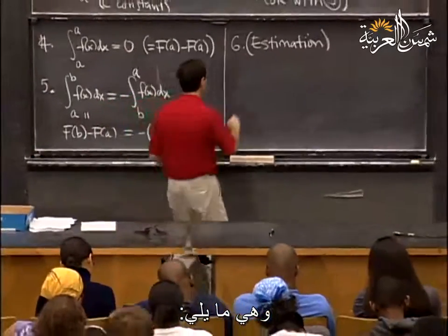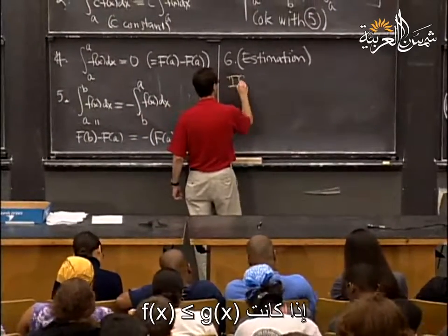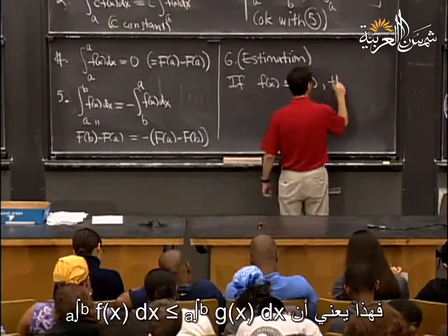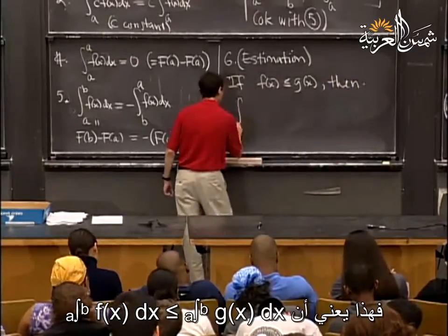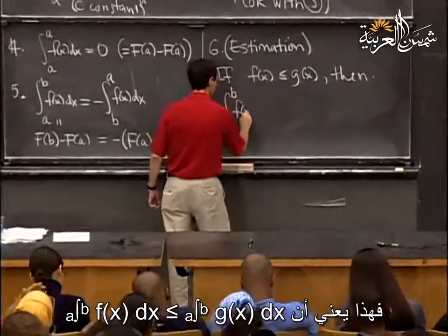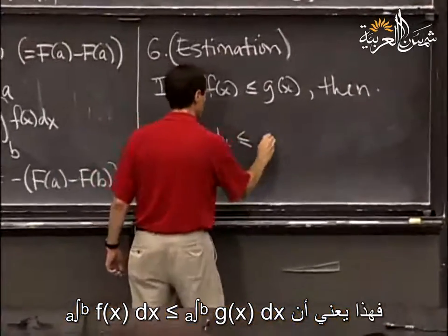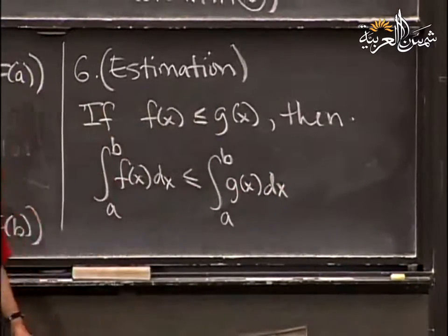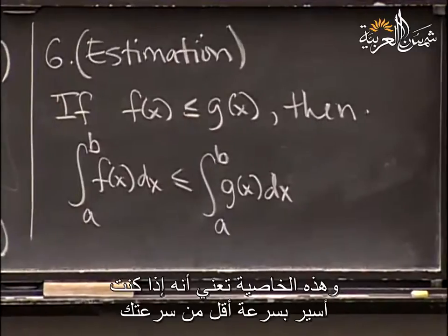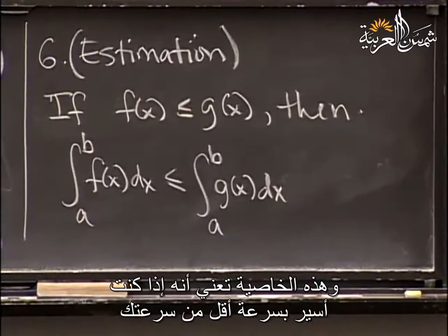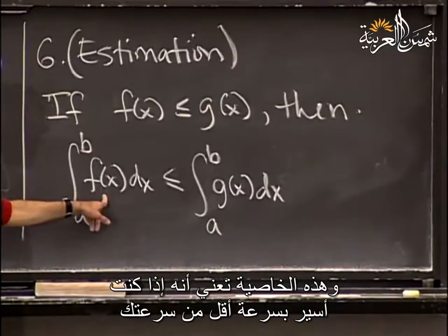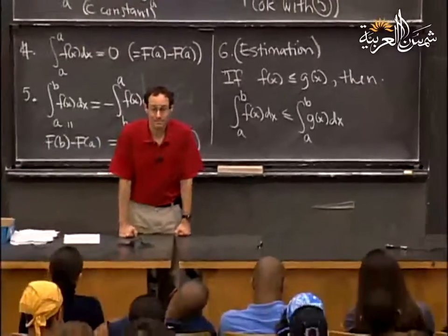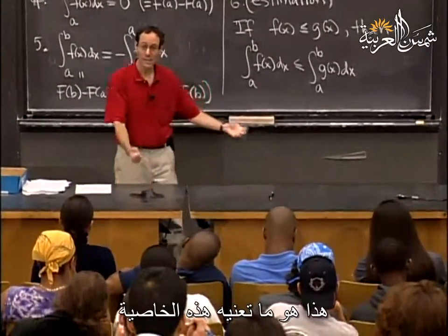And it says the following: if f of x is less than or equal to g of x, then the integral from a to b of f of x dx is less than or equal to the integral from a to b of g of x dx. Now, this one says that if I'm going more slowly than you, then you go farther than I do. Okay? That's all it's saying.